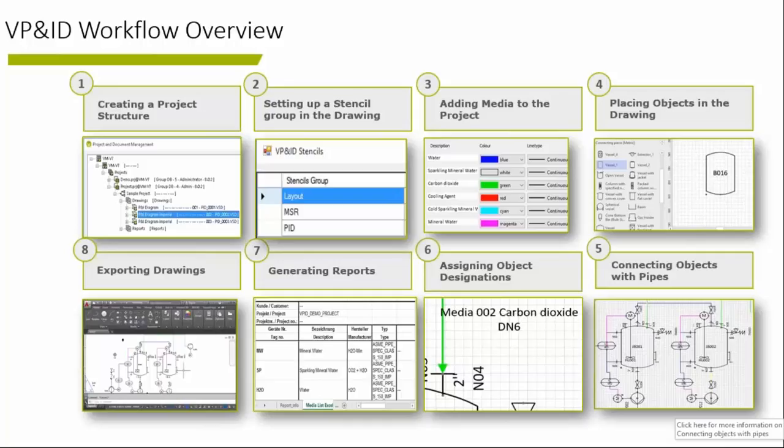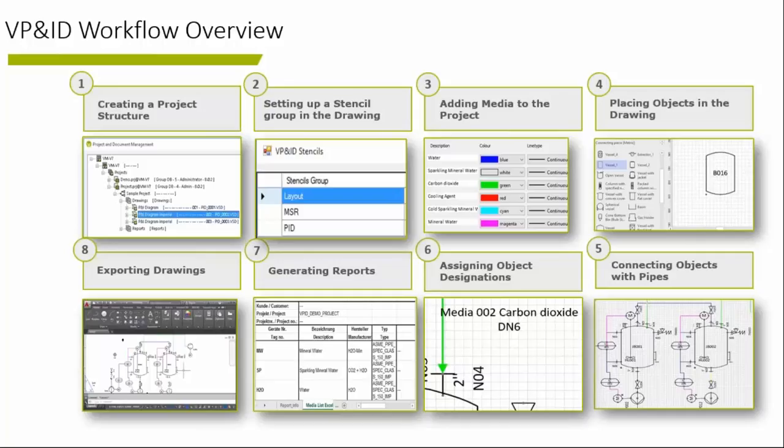You can start by creating your project structures and database first. Then you can set up your stencil groups in your drawing, where you will have your intelligent symbols. Then you can add your media, that is services, to your projects. Then you can start placing your objects from stencils to your drawing area.